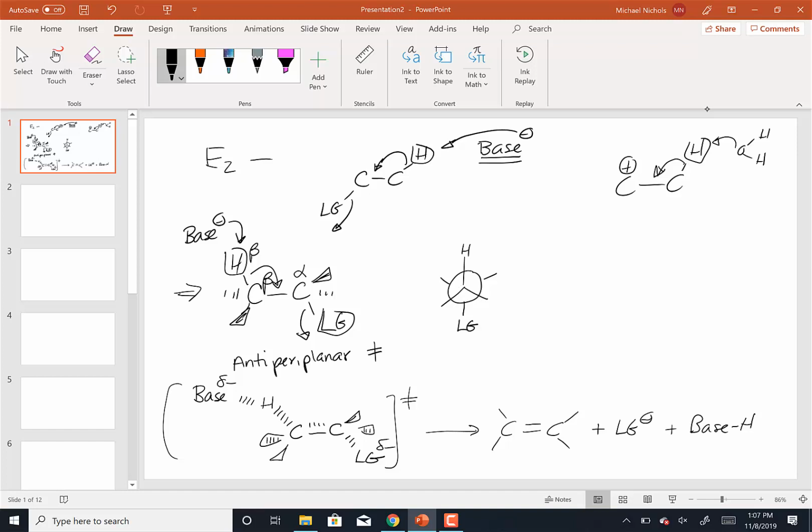So when I'm looking at this transition state, I am looking at an sp3 hybrid orbital that the hydrogen is attached to. Then over here, I have another sp3 hybrid orbital that the leaving group is attached to on that carbon.